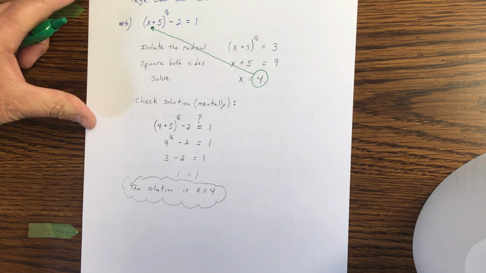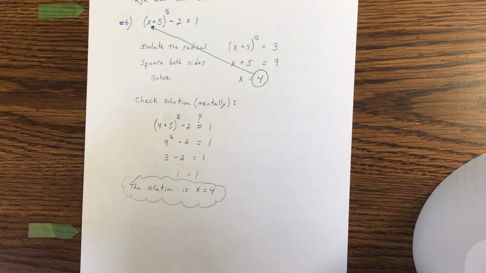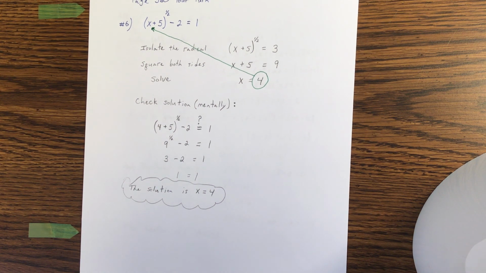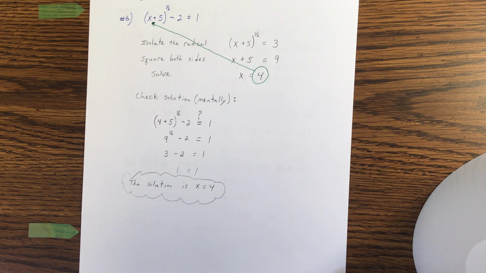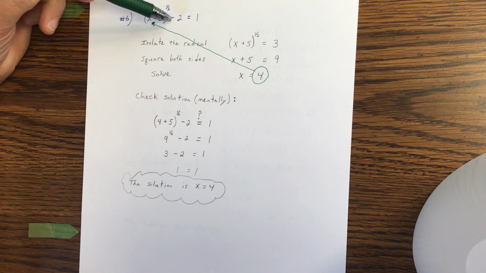The first rule of thumb in solving radical equations is isolating the radical. So again, I'm focusing on the left-hand side. I see we have a radical here, and then we have a constant.